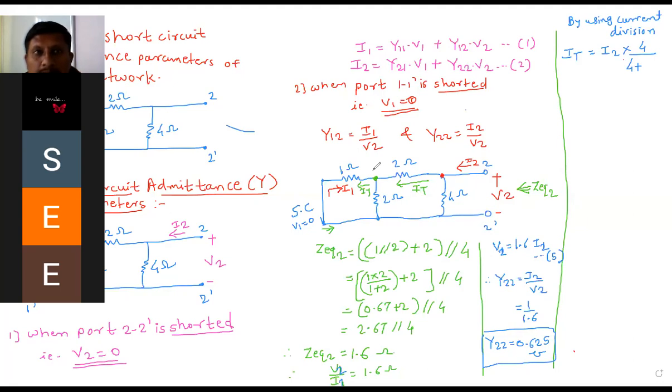What we have to do? कळतंय का काय करतोय आपण? I2 is flowing up to this point. It will get divided here. Some current will flow through 2 ohm. That is IT. That we are going to find out. मग opposite branch resistance म्हणजे 4 असणार आहे. ओके. तर 4 घेतलं न्यूमरेटर मध्ये, divided by 4 plus.